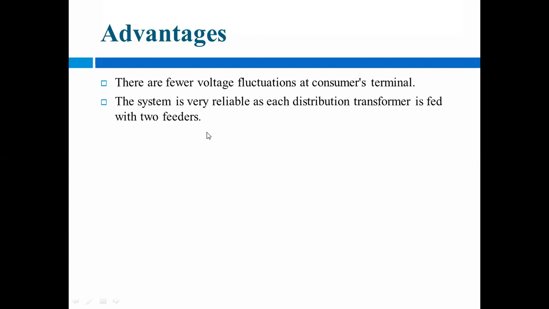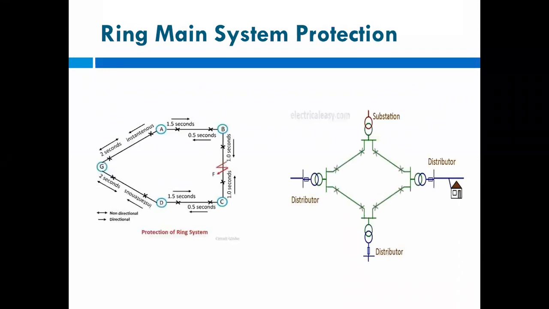Two feeders means here you can see for this B, there is one feeder from A and from C also. Okay. So each station is provided with two feeders. So this is the advantage of this ring main system.